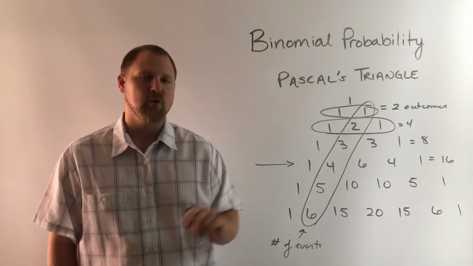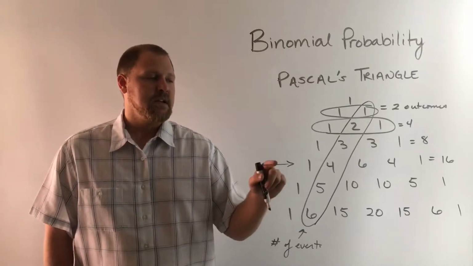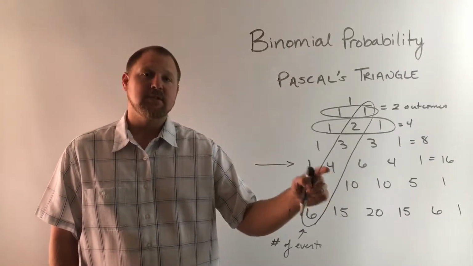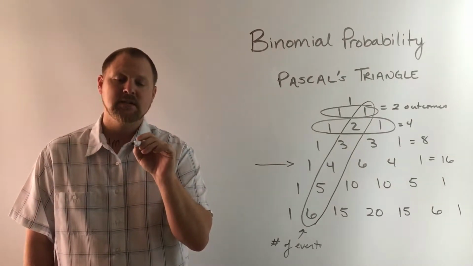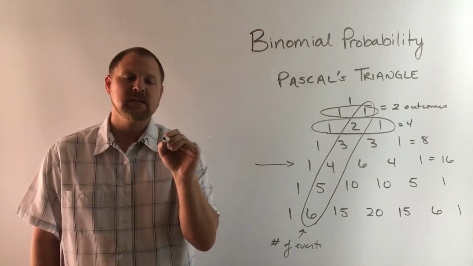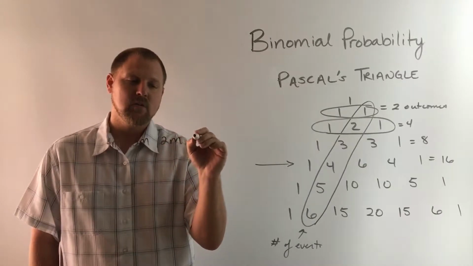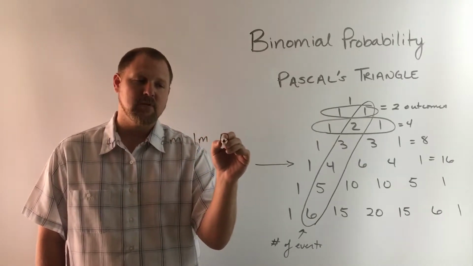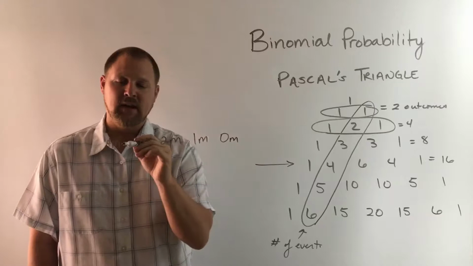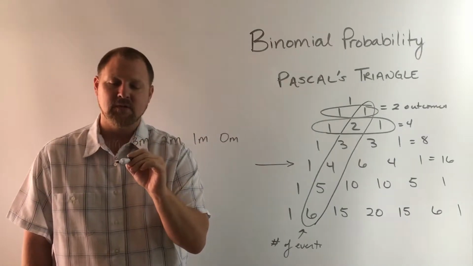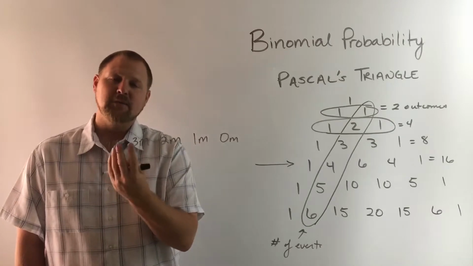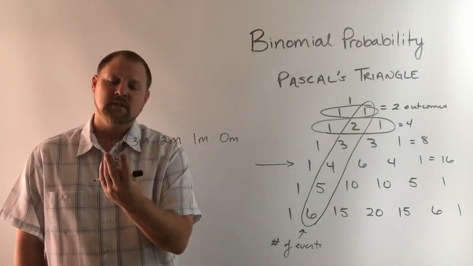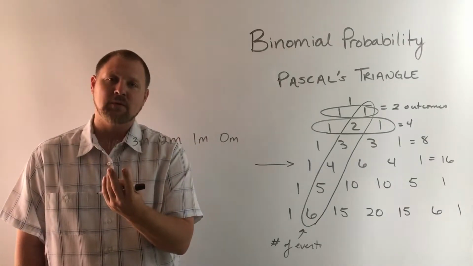So let's take this row right here. If you take 4 shots of a basketball, the different outcomes are going to be 4 makes, 3 makes, 2 makes, 1 make, 0 makes. And everything on here has to do with the outcome of making. If you're taking 4 shots, the best you can do is make 4.